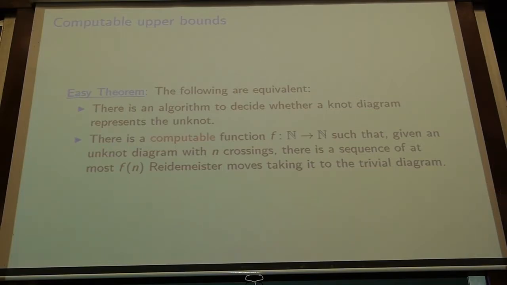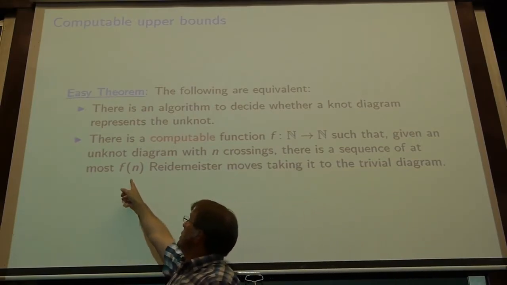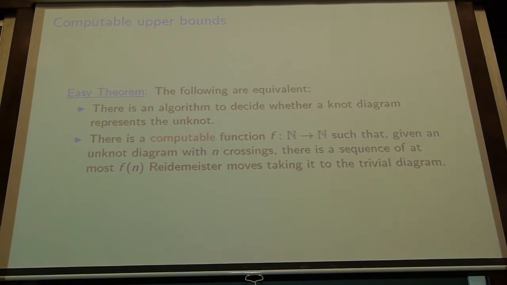Conversely, let's just quickly see why the converse holds. So suppose we have an unknot detection algorithm. Why does that give you a computable upper bound on Reidemeister moves? Given a natural number n, you need to have a computer compute f(n) for you. So it enumerates all knot diagrams with n crossings, easily done, and it sorts them into two camps, unknots and the rest, using the hypothesized detection algorithm.